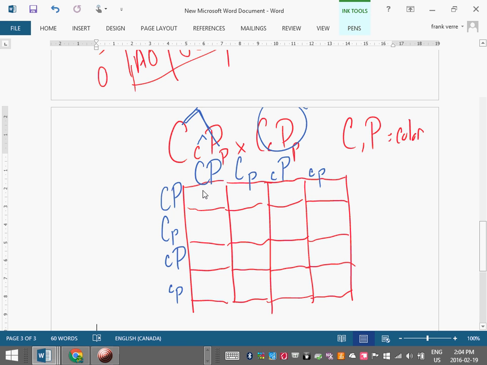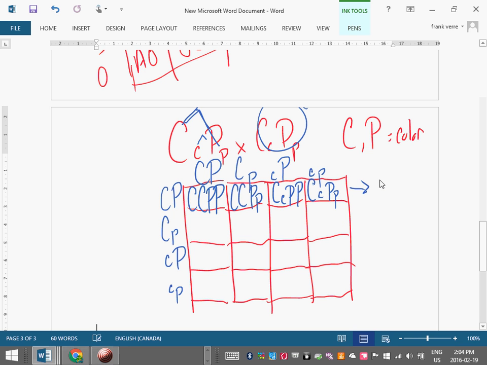So how do you do the Punnett square? Does it look any different? No, it's exactly the same. Big C, big P, big P. Color, yes or no? Yes. What about this one? Big C, big P, little p. Yes. What about this? Big C, big P, big P. How about this one? Big C, big P, little p.